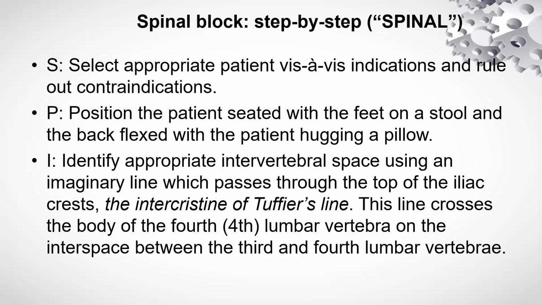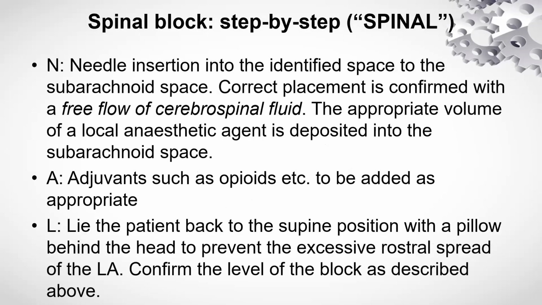Identify the appropriate intervertebral space using the intercristal, also known as Tuffier's line. The intercristal or Tuffier's line crosses the body of the 4th lumbar vertebra, on the interspace between the 3rd and 4th lumbar vertebra. Then needle insertion into the identified space to the subarachnoid space.